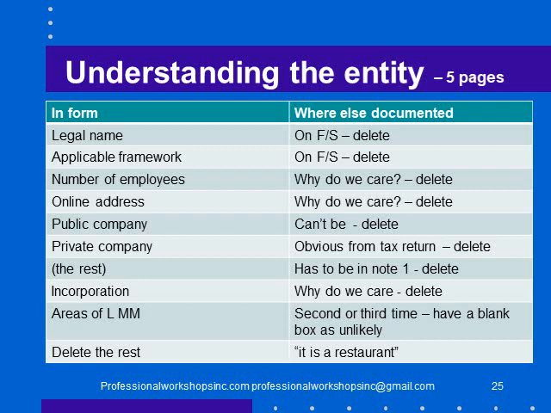Now this is a second or third time, and this is part of our understanding of the entity before we've done any analytical procedures or inquiries. So we're ahead of ourselves, and it's a second or third time. In the end, I think I just want to have a blank box.